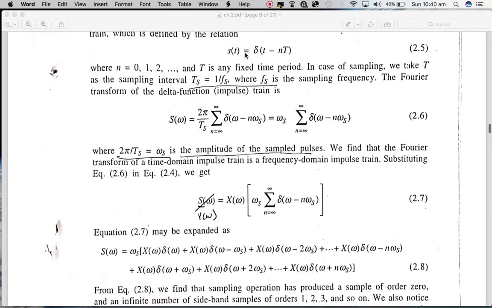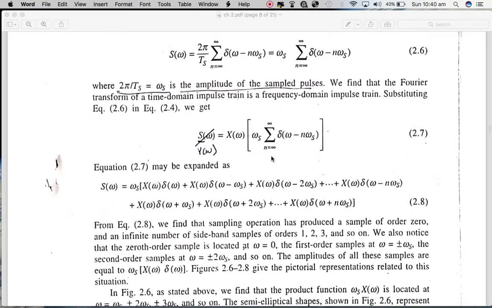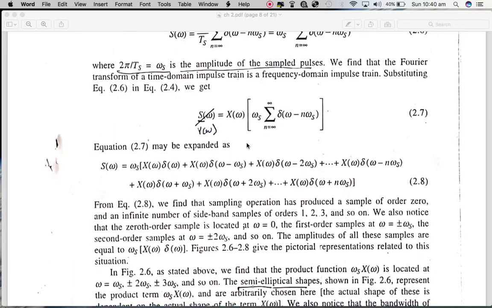Doing its Fourier transformation, we get this, and then placing its value over here, we get this: we have the output, we have the input, and we have the transformation of the impulse train, and opening that expression we get this expression.